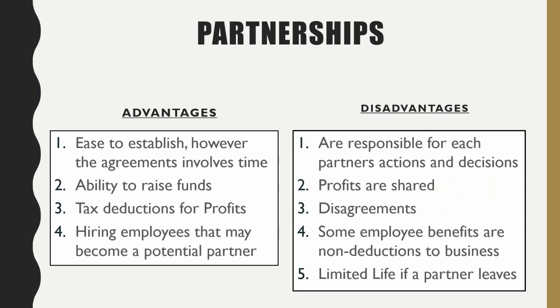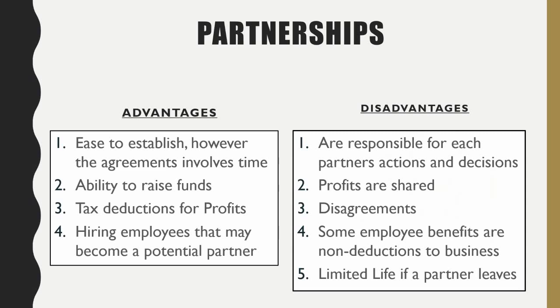Number 3, disagreements. Especially when you have a partner, okay? You guys are always going to argue about making some kind of executive decision, right? Should I invest in this? No, no, you shouldn't because it's a waste of money. Yes, you should because it's going to turn around and make some more money. At the end of the day, as partners, you're going to agree on things, but you're also going to disagree on things.